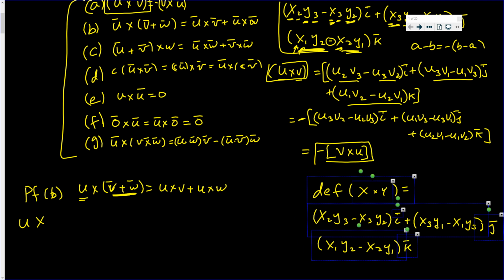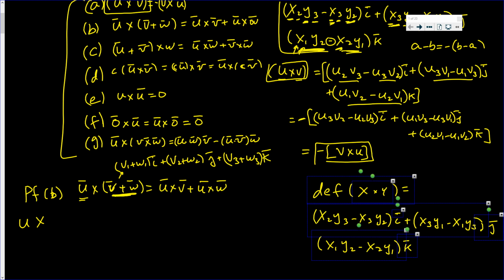Now I agree that V and W are two vectors, but when you add them, you can think of it as one vector. Remember, this one vector is V1 plus W1 in the I direction, plus V2 plus W2 in the j direction, plus V3 plus W3 in the k direction.